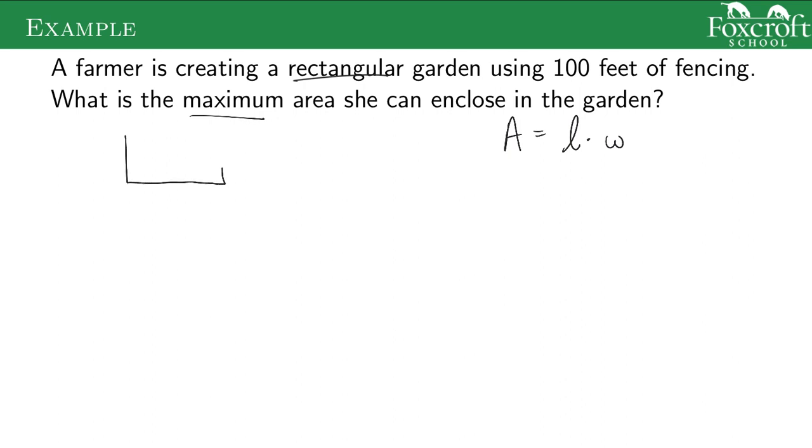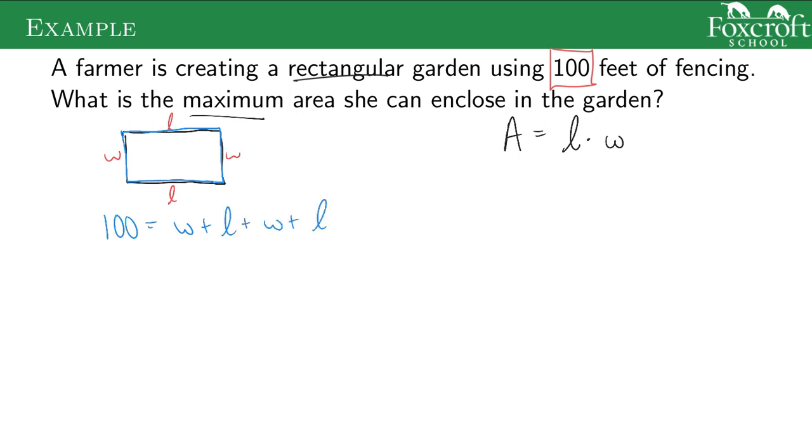The way we're going to do this is to think about the picture. We have the length and the width of our rectangle. The thing we haven't used yet is that we're using 100 feet of fencing, which we wrap around the outside of this rectangular garden. That 100 feet gets broken up into a W part, an L part, another W part, and another L part.